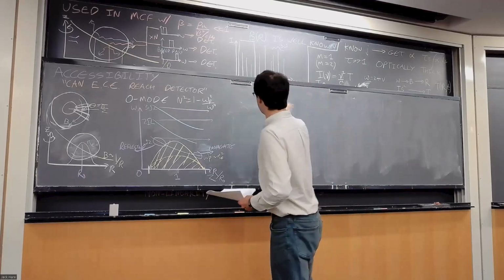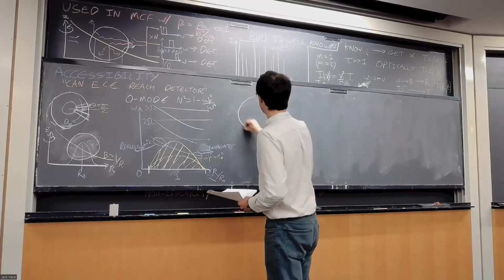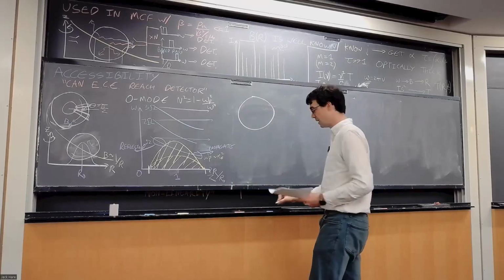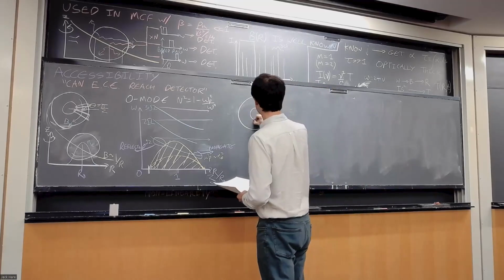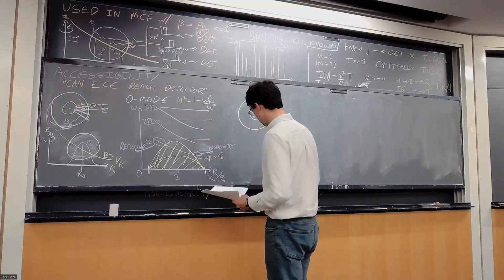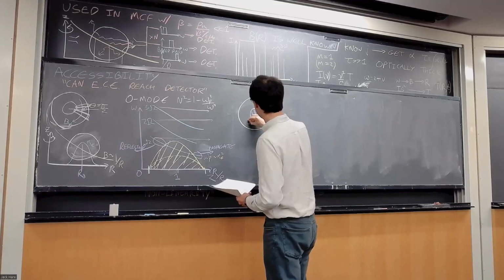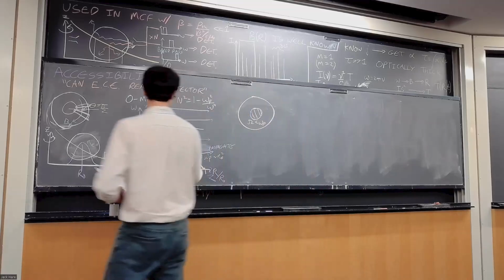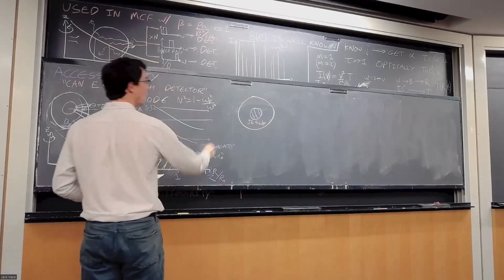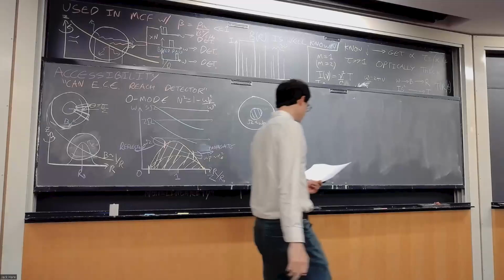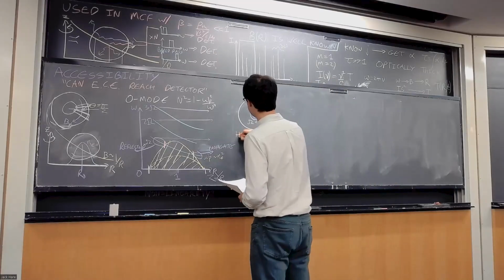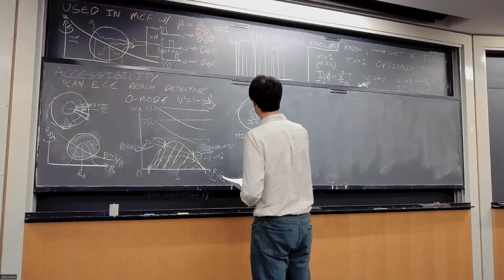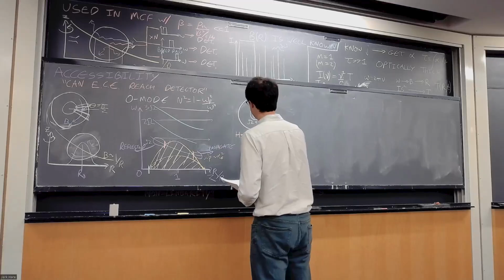So that means that for a sufficiently high density, if I draw my tokamak cross-section again, there is a region where omega, capital Omega, is less than omega p, that's this region here, where I will not get electron cyclotron emission from. So this effectively says that high density blocks ECE.